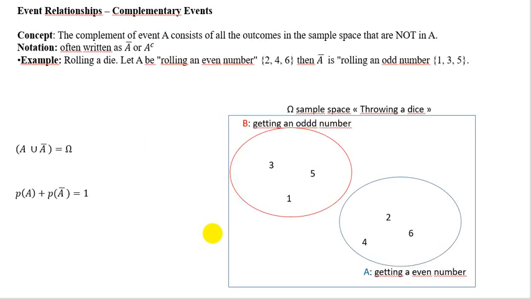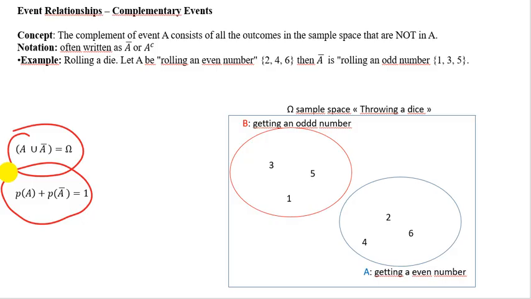In other words, A union A bar is omega, and the probability of A plus the probability of A bar is 1, because it's the cardinal of omega over the cardinal of omega, and we get 1.